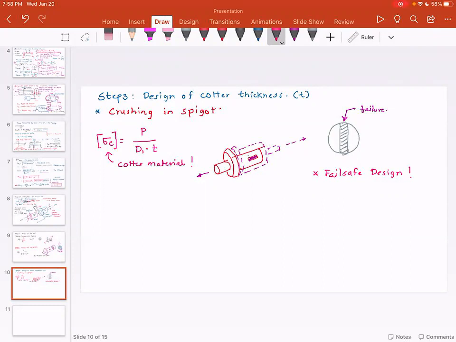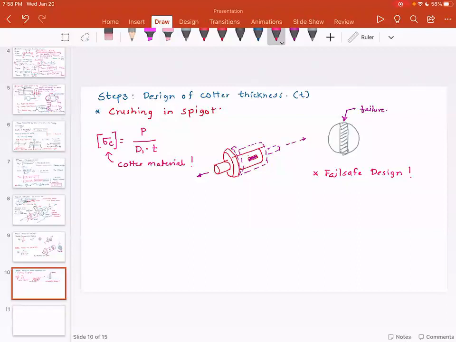So what you do is, in this entire mechanical system, there are three parts. Out of these, you deliberately allow one part to fail.